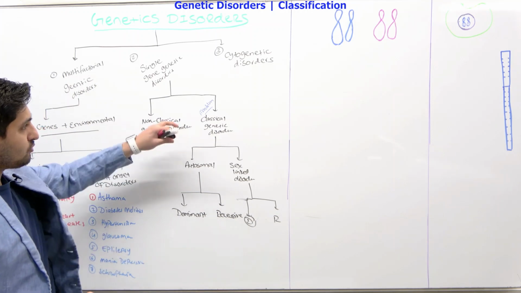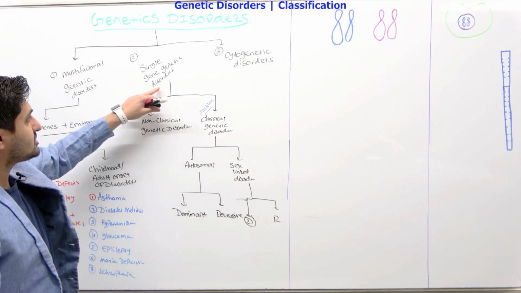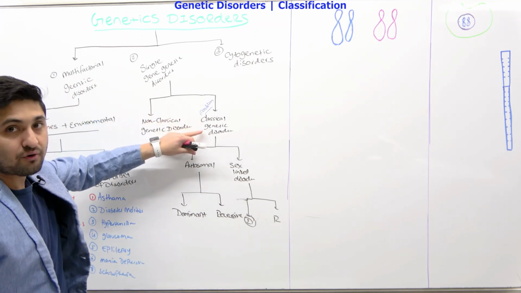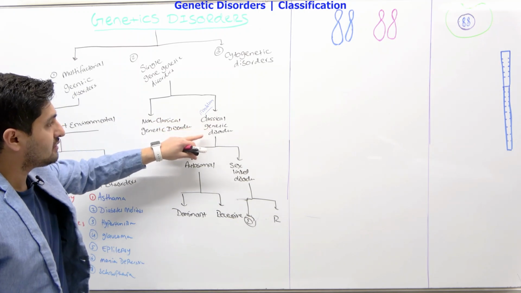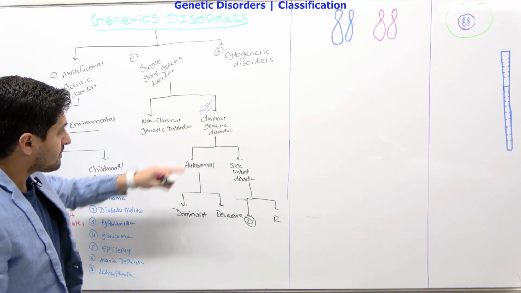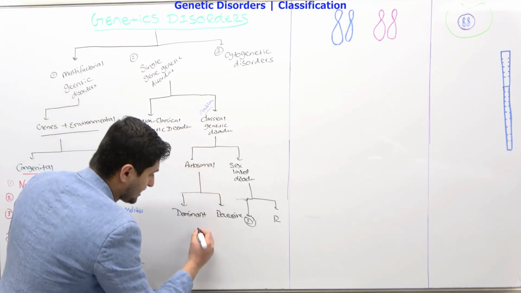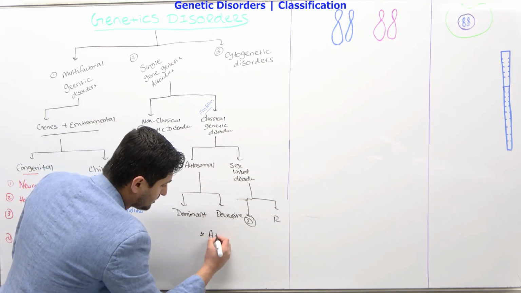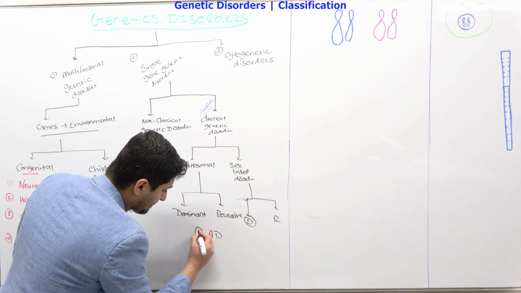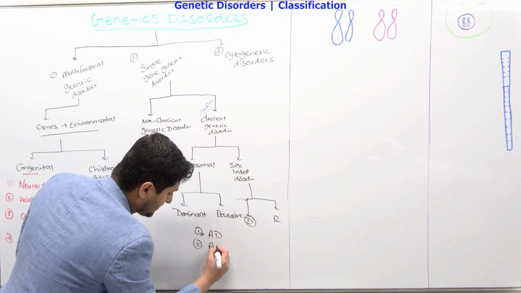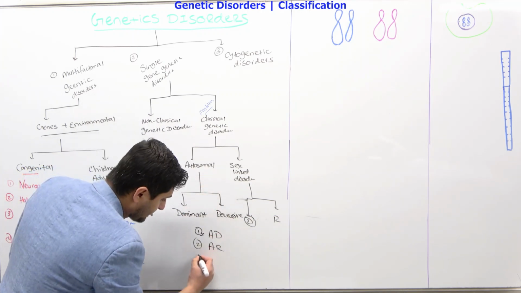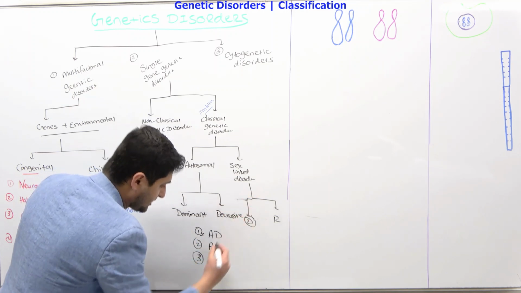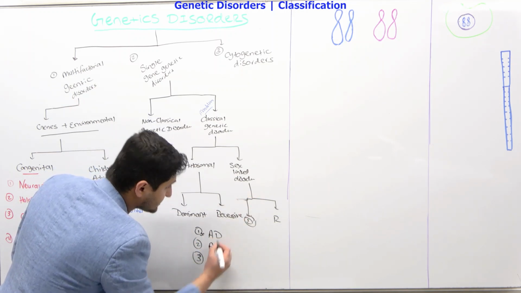So whenever we're talking about single gene genetic disorders that are explained by Mendelian law, we have to talk about these diseases. If we combine all together, number 1 is autosomal dominant. Number 2, you have autosomal recessive. Number 3, you have sex-linked. It could be X or Y.